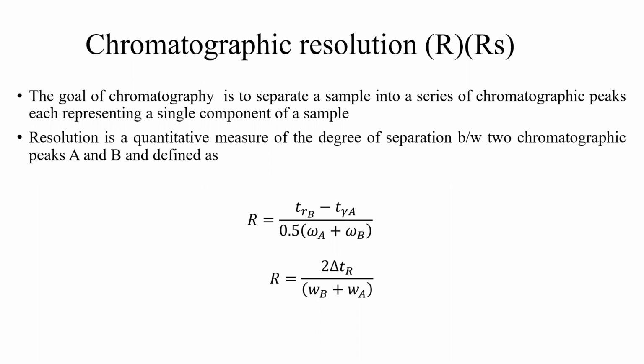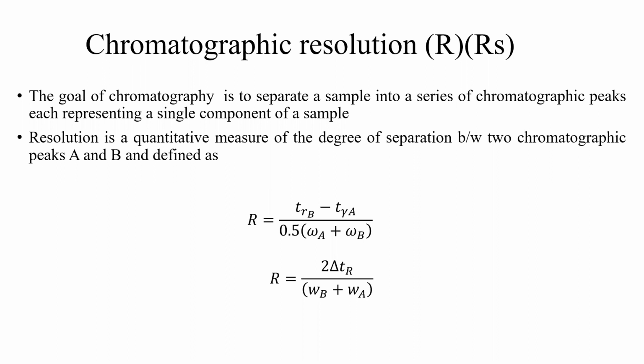Next, chromatographic resolution. It is also identified by R or RS. The goal of chromatography is to separate a sample into a series of chromatographic peaks, each representing a single component of the sample.